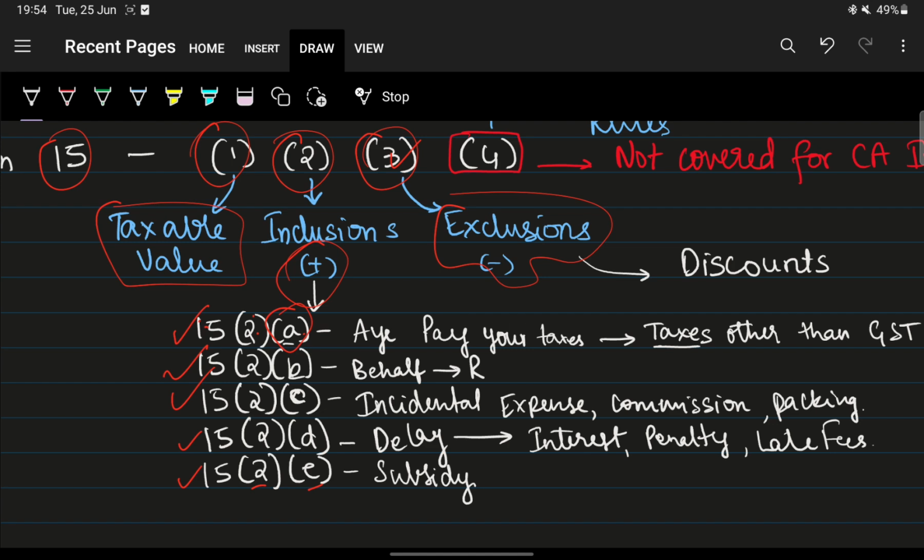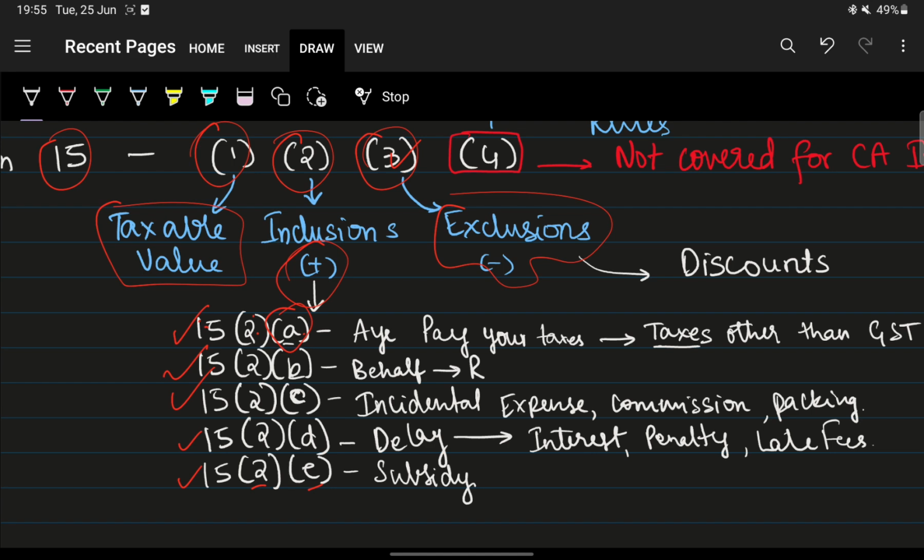What are those 4 conditions? Try to say it with me. The first condition is that the terms of the discount should have been previously agreed to. The second condition is that the discount should be given invoice wise; the invoice wise details of the discount should be available.